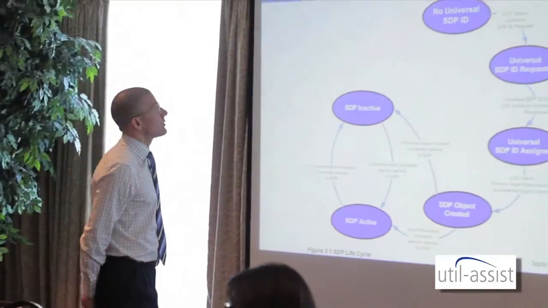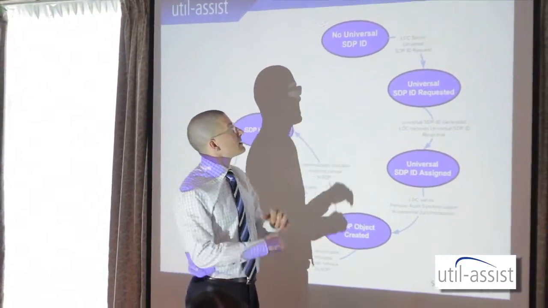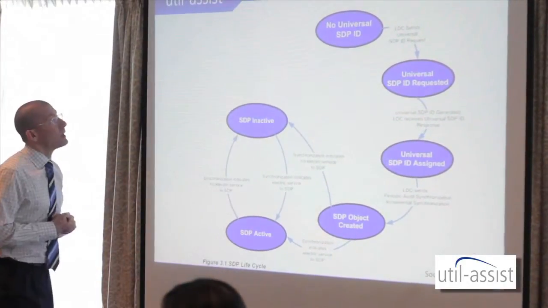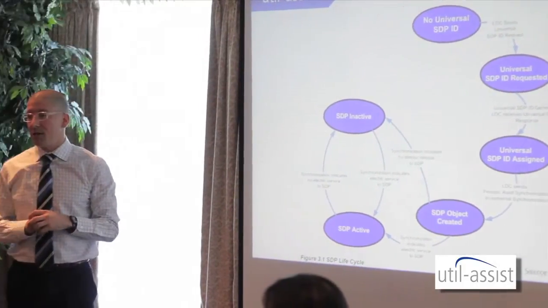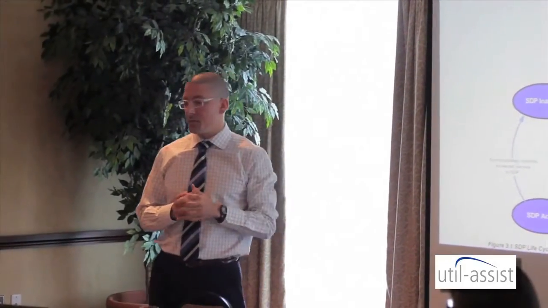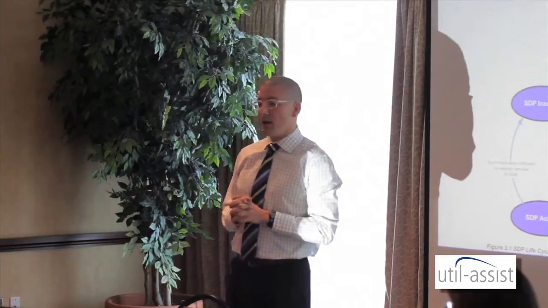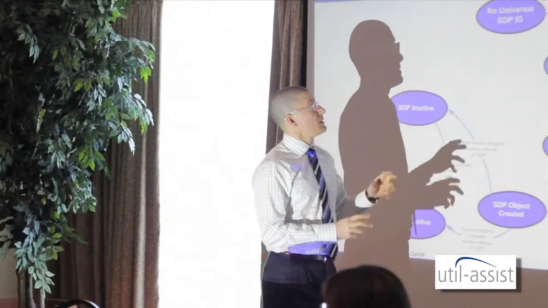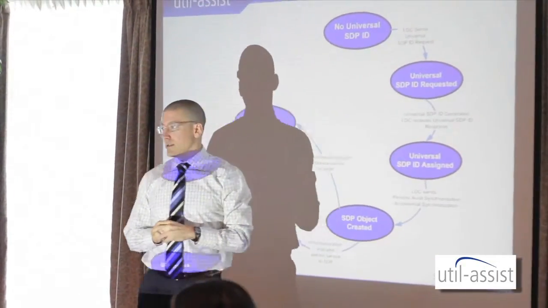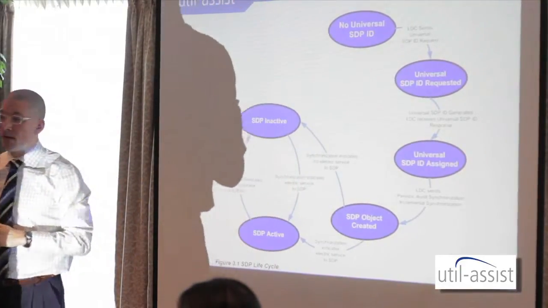You are starting out with no USDP IDs assigned. This is how everybody would start. You would then generate your SDP IDs internally, and when it comes time to ask for them, you would send a file requesting USDP IDs for the SDP IDs in the file.